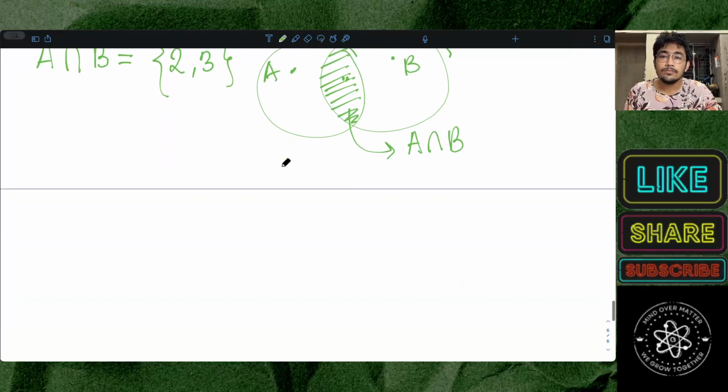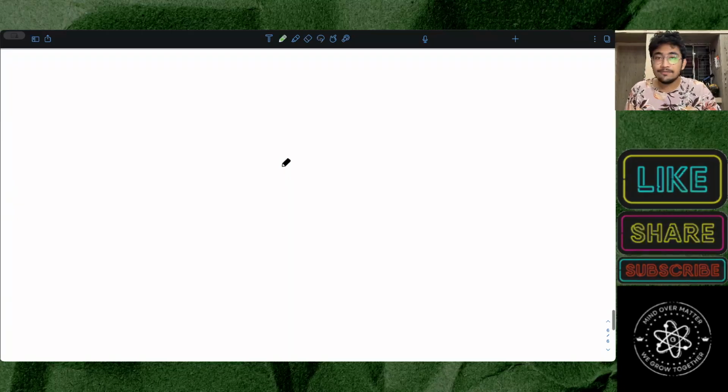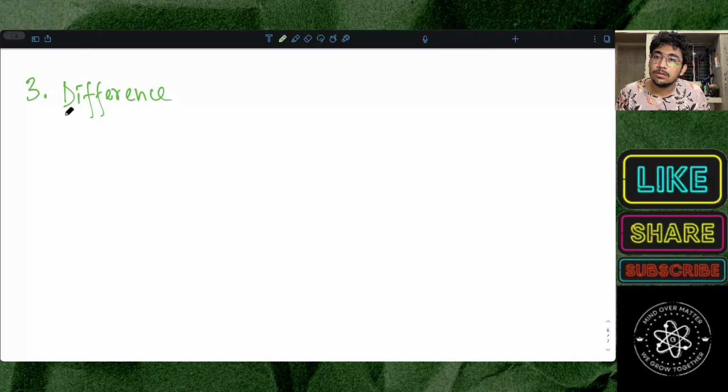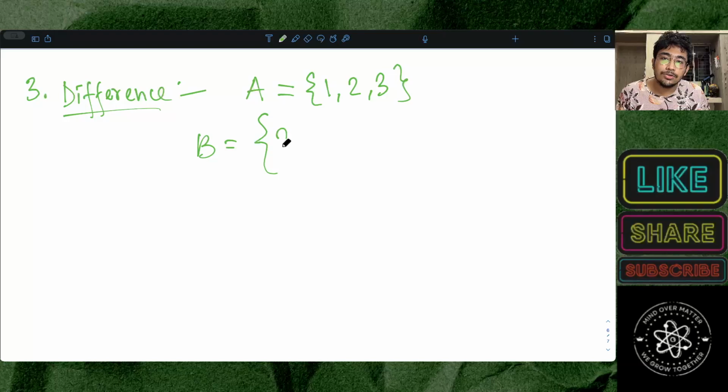Okay, so next up we have difference. It's a very important thing, difference. We will use the same example again. A is 1, 2 and 3 and B is 2, 3, 4 and 5.